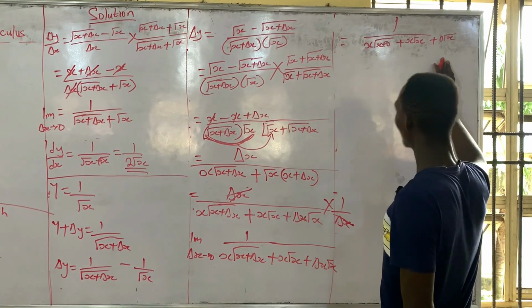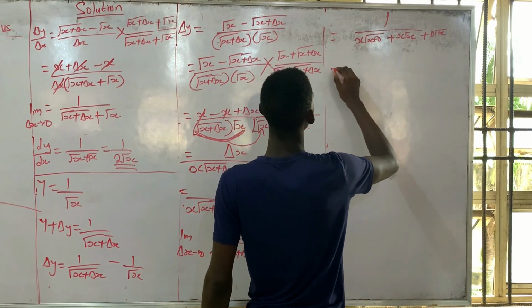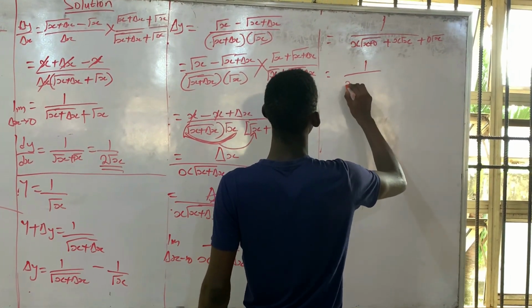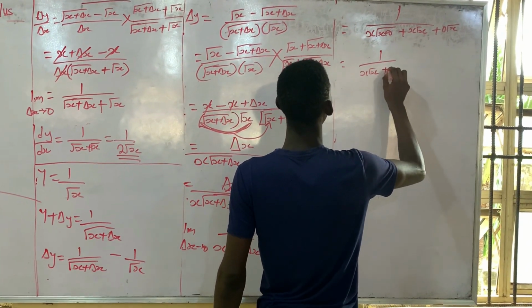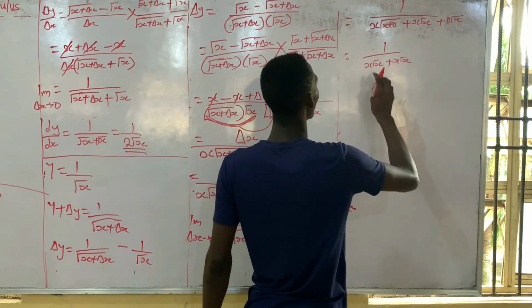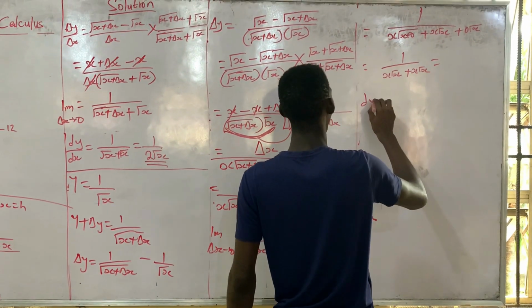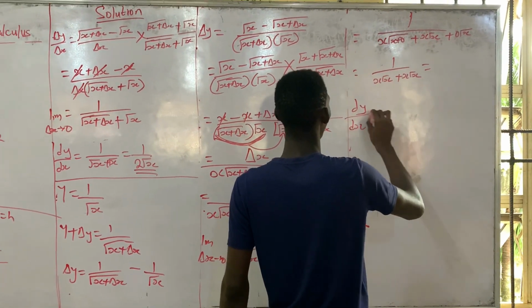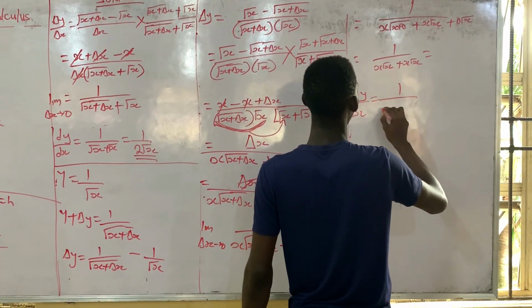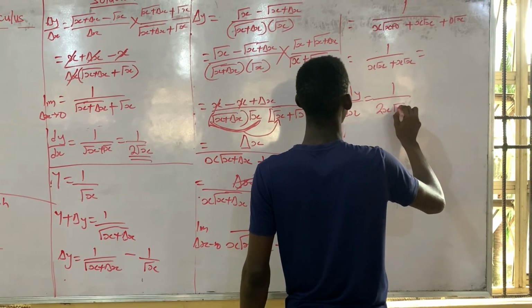So 0 times anything will automatically give us 0. Therefore, our answer will be 1 over x root x plus x root x. So x root x plus x root x will give us what? Our dy over dx is equals to 1 over 2x root x.